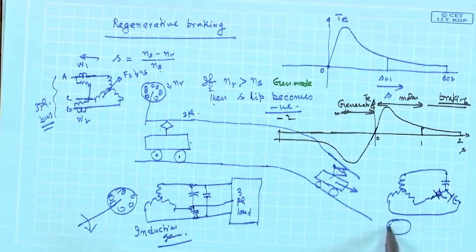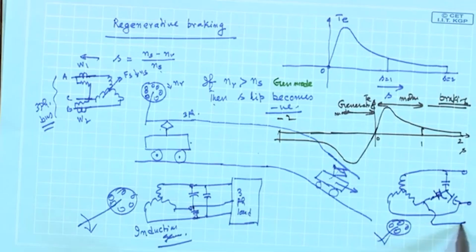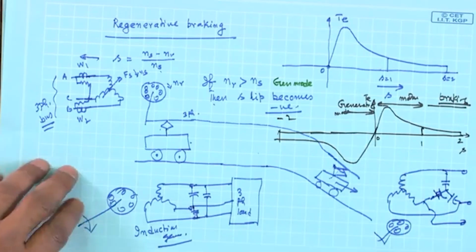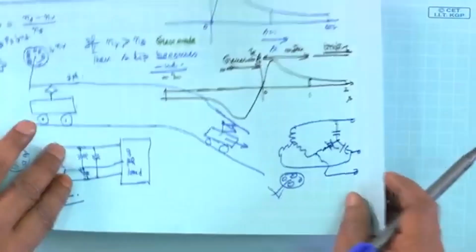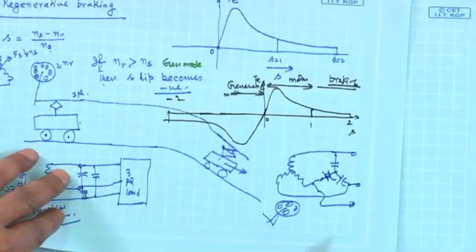This is the rotor, and here is your generator output terminal. Understood? Across the stator terminals, you connect some capacitors of equal values in 3 phases.